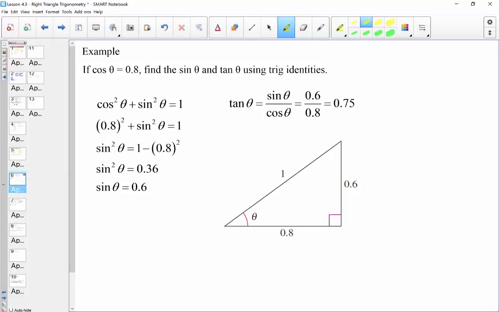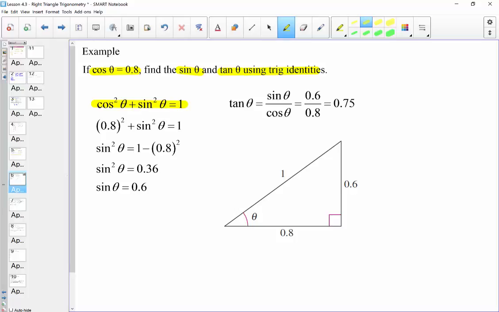Now we're going to learn to apply the trigonometric identity. First, we're told that cosine of theta equals 0.8. And we're told to find the sine of theta and the tangent of theta using trig identities. So let's start with what we know. We know that the main trigonometric Pythagorean identity is cosine squared theta plus sine squared theta equals 1. And we were told in the problem that the cosine of theta equals 0.8.